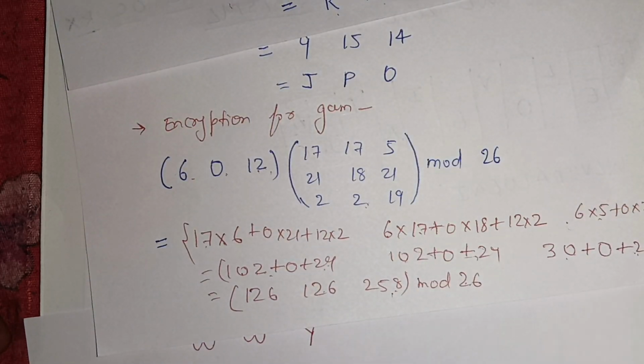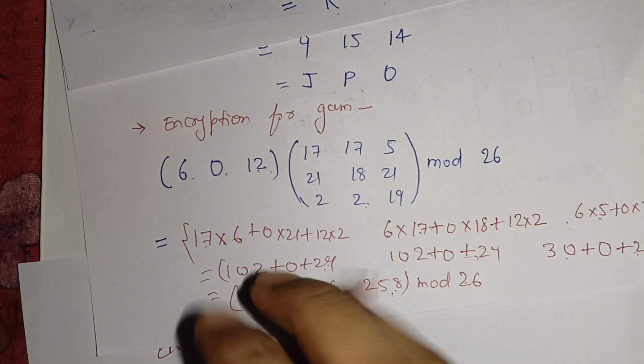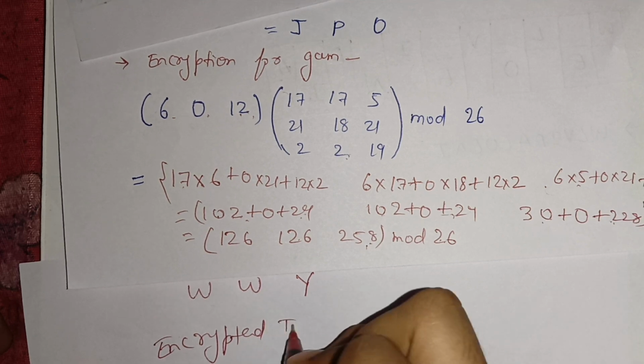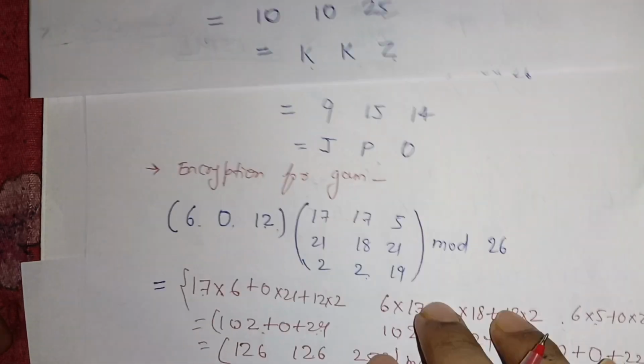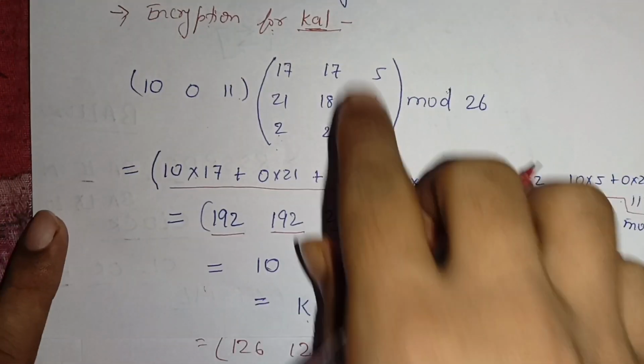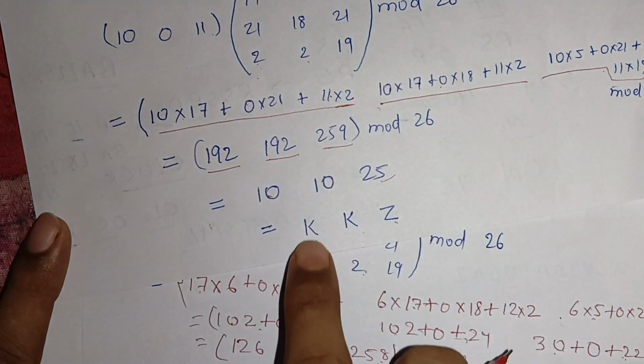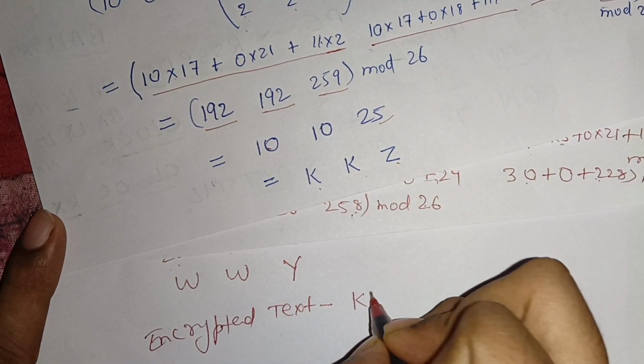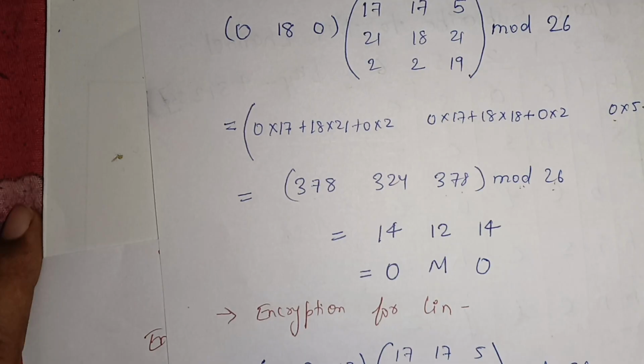So for the encrypted text, what will it be? First for KAL it will be KKZ. So we can write here KKZ.